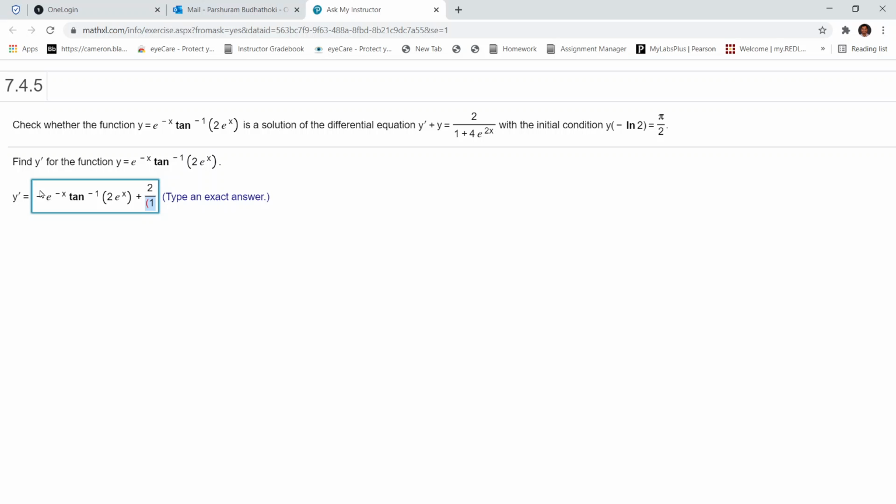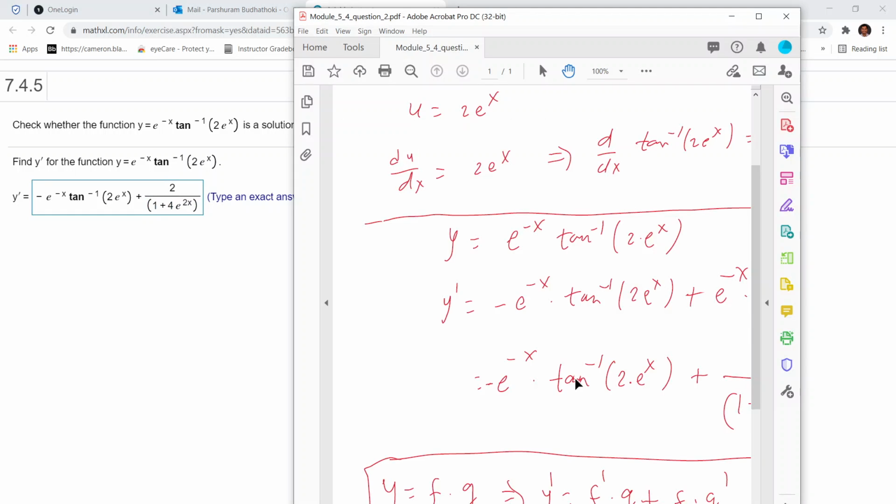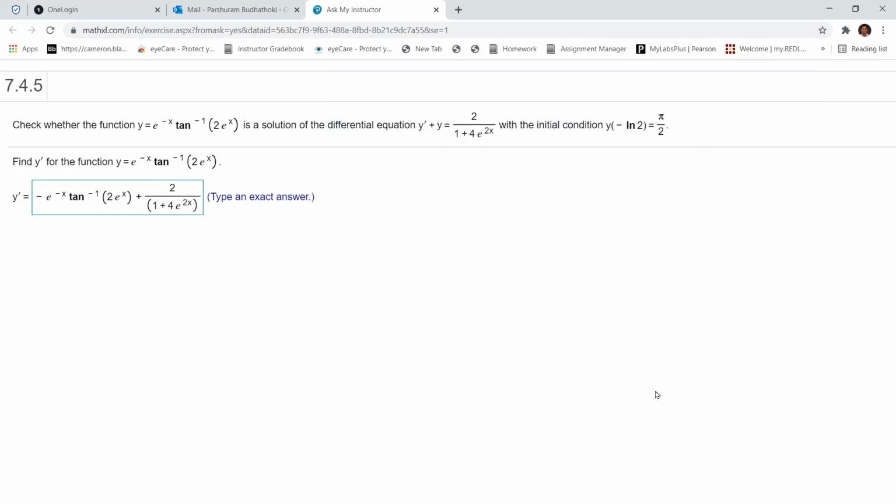Let's check it one more time. It's negative e to the power negative x times tan inverse 2 e to the power x plus 2 over 1 plus 4 e to the power 2x. So that's the derivative we found for y. So let's check it. That's good job.